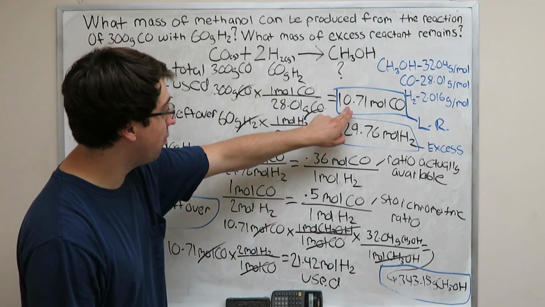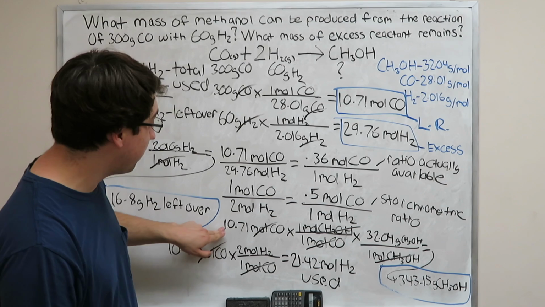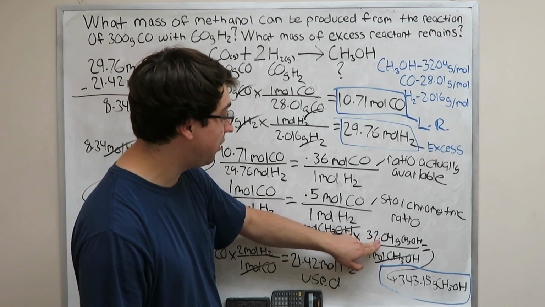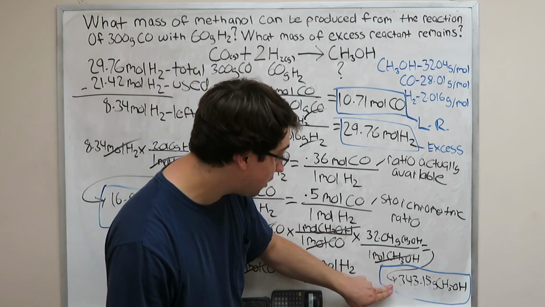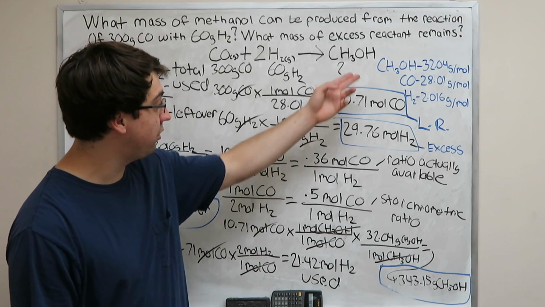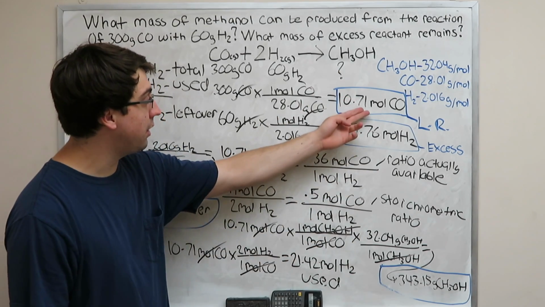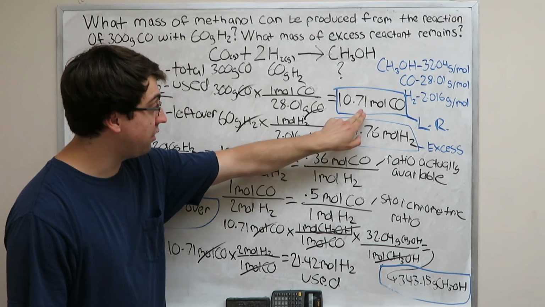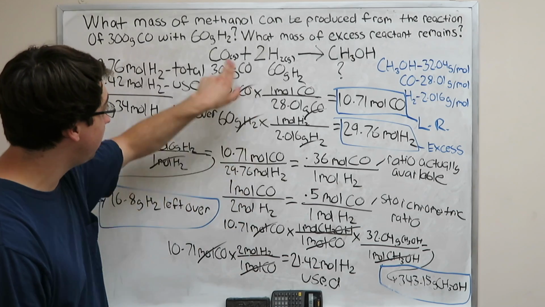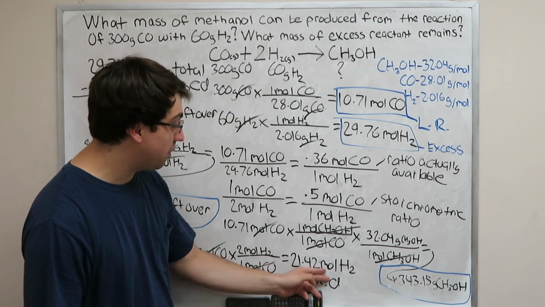From there, we took the moles of CO since it was a limiting reactant, and we converted it to moles of CH3OH, and then finally the grams of CH3OH to let us know that 343.15 grams of CH3OH could be produced. And then since we knew that the CO was the limiting reactant, we converted it to moles of hydrogen using the equation, and that told us how many moles of hydrogen were used.